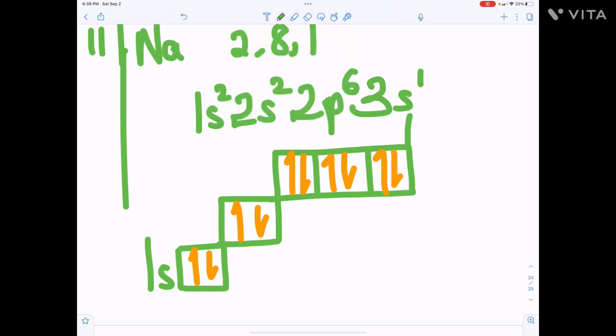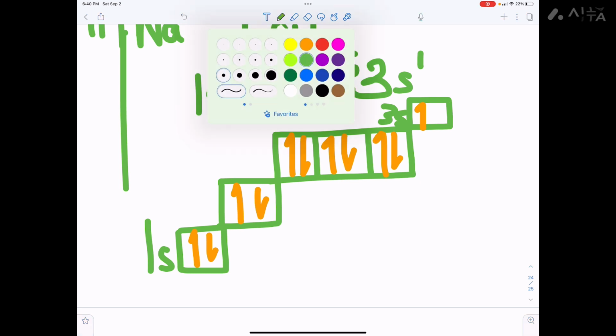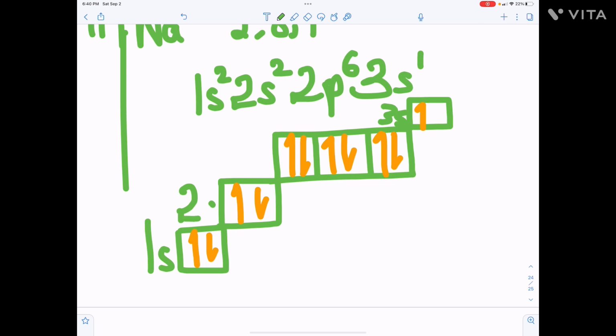Lastly, 3s subshell, with just one electron. So that's what the picture looks like inside the atom. Meaning 1s2, you understand, 2s2, 2p6, and what, 3s1. That's how the 11 electrons are arranged in the orbitals of an atom of sodium.